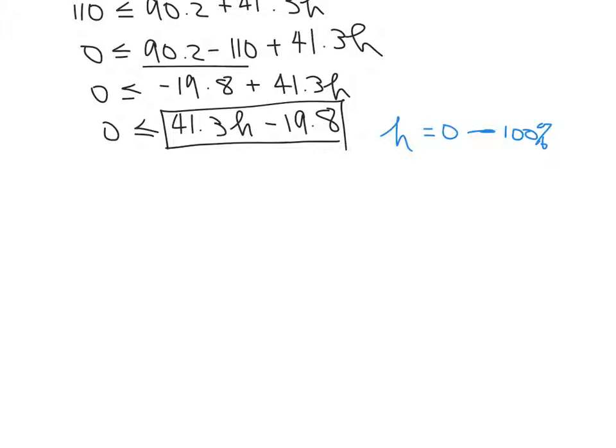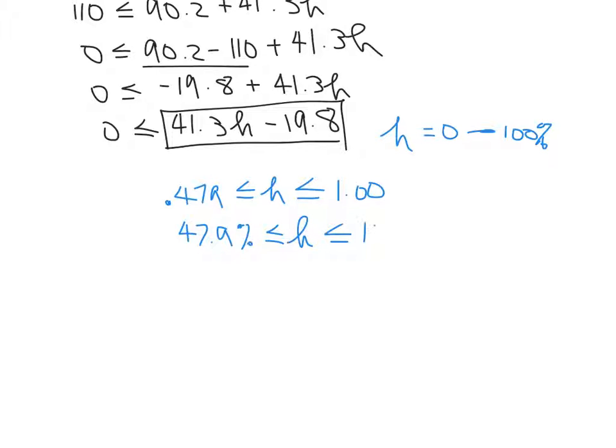When we graph this, we find out that it crosses the x-axis at 0.479. So that's going to be less than or equal to the humidity, because that's what we're looking at, and it's got to be less than 100%. If we have it in just decimal, it's going to look like that. If we want to put it in percentage, the humidity level is going to be somewhere between 47.9% and 100%, because if it goes below 47.9, the apparent temperature will not be 110.